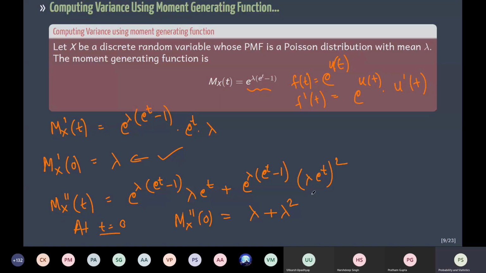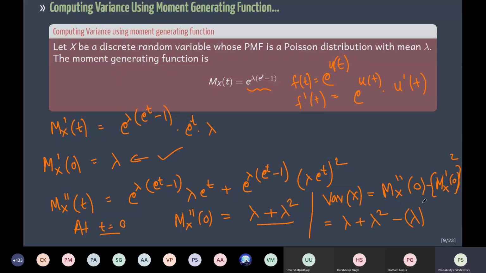From here the variance is M_X double prime 0 minus M_X prime 0 squared. So this is lambda plus lambda squared minus the average squared, which is lambda. So what we learn is that for Poisson, the variance is also lambda.